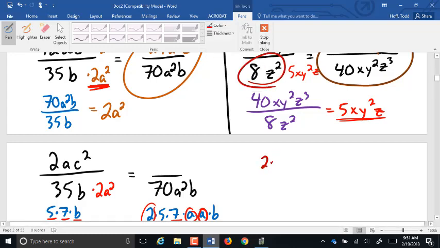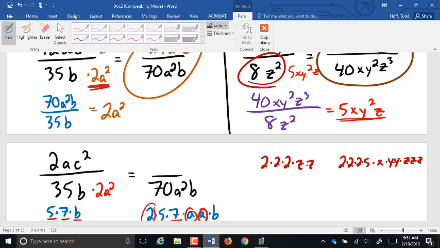8z squared is 2 times 2 times 2 times z. 40 is 2 times 2 times 2 times 5. X, y squared is y times y. Then z to the third is 3 z's.